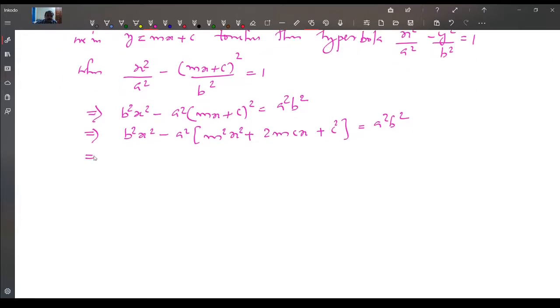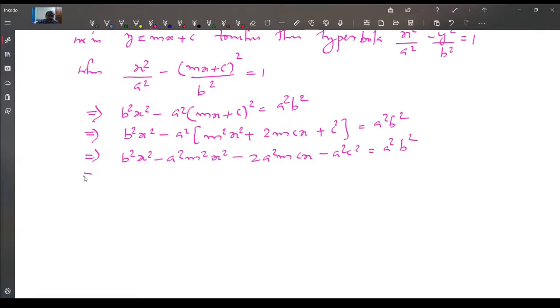So this implies b square x square minus a square m square x square minus two a square m c x minus a square c square is equal to a square b square.